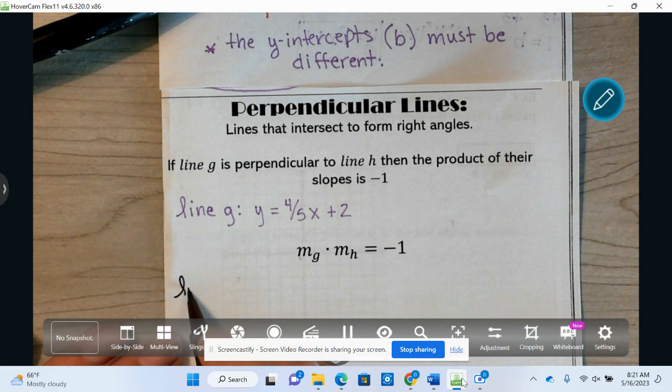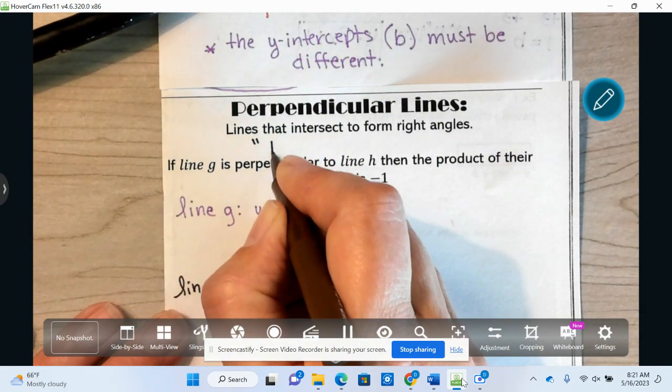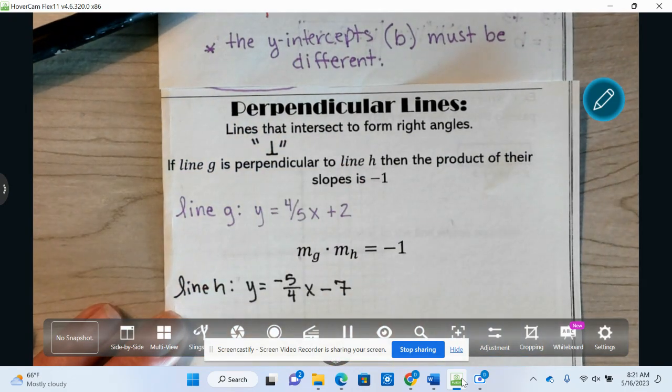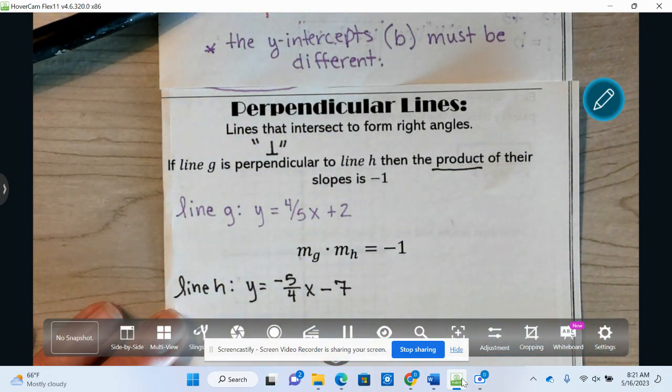And line H has the equation y equals -5 over 4 x minus 7. If these two lines are perpendicular, and the symbol for perpendicular is an upside down capital T, I can take their slopes and multiply them together. That's what product means. And I'll get -1.